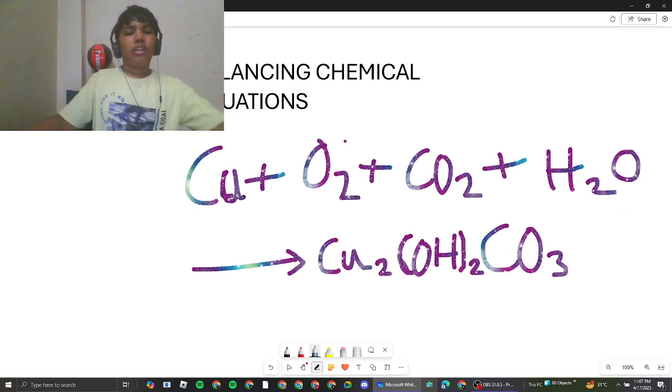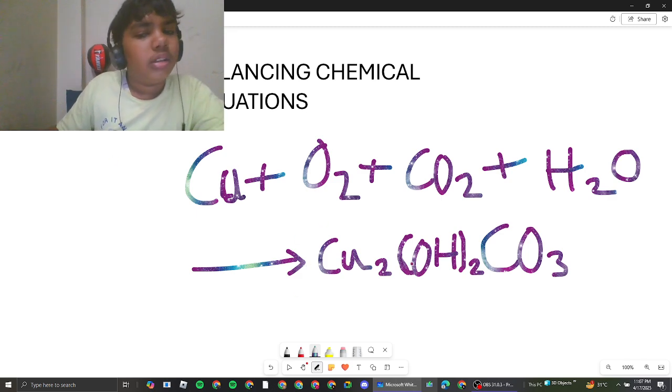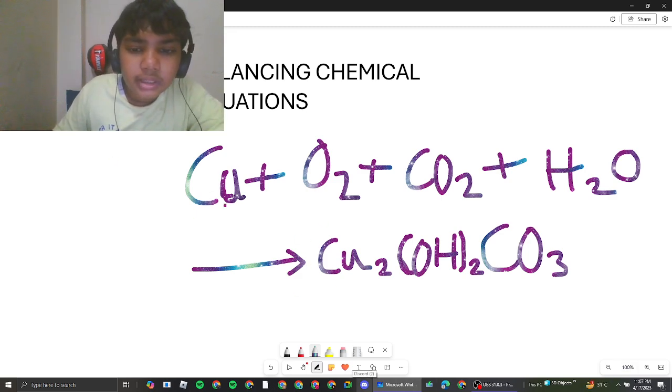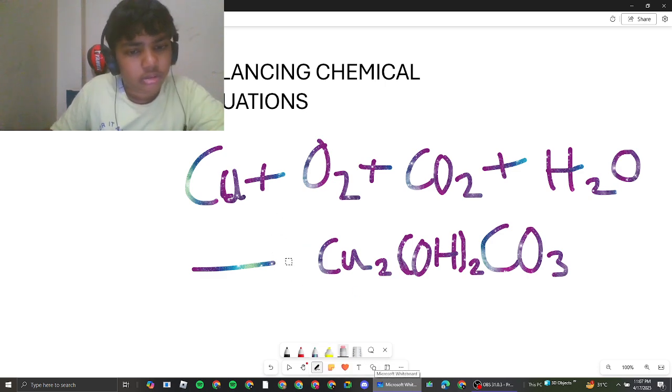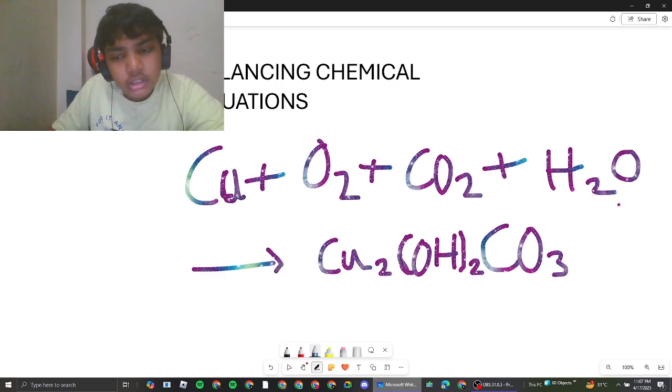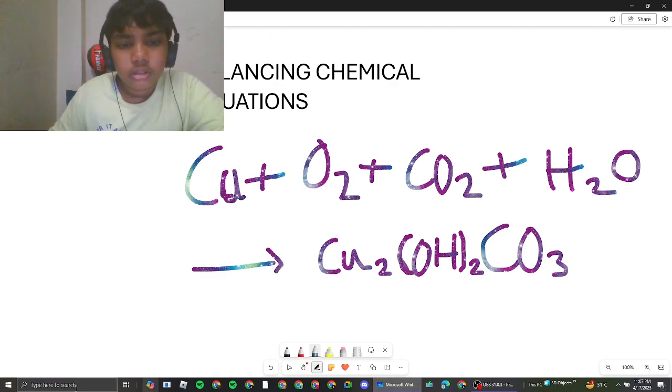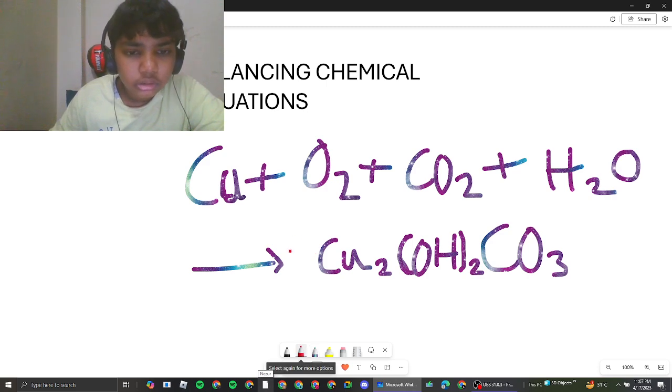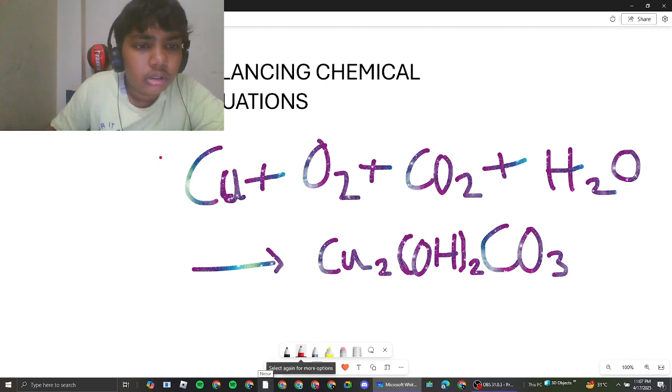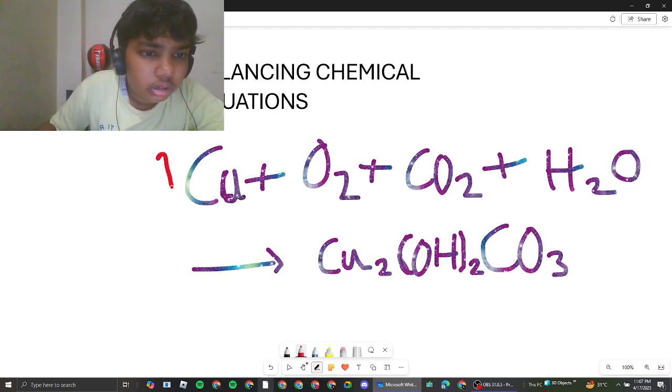Okay, let's start. First, we have to make this CO2 equal. But we have to make sure it won't affect the other elements, because whatever coefficient we put here will multiply to this also. So now let's put a 2 here, because then this will be equal.